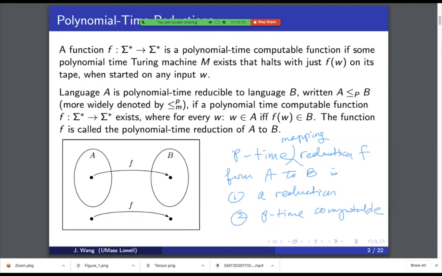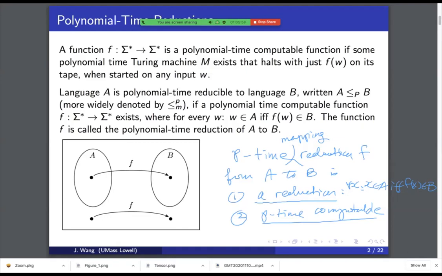A reduction just means that this is exactly the same as the reduction we talked about before, which means that for all instances x, x is in A if and only if f of x is in B. And this f is polynomial time computable, meaning that you have a deterministic Turing machine that on any input x computes f of x in polynomial time, so when the machine stops, whatever you have on the output is f of x.